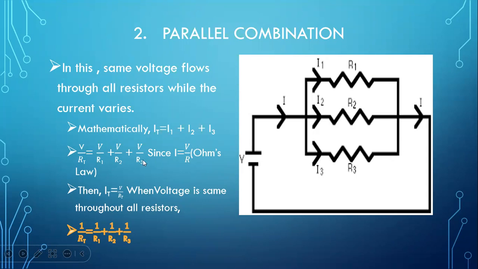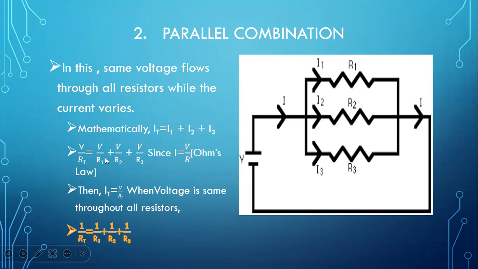Since the voltage is the same throughout all the resistors, this voltage will be cancelled out from both sides, before the equal sign and after the equal sign.